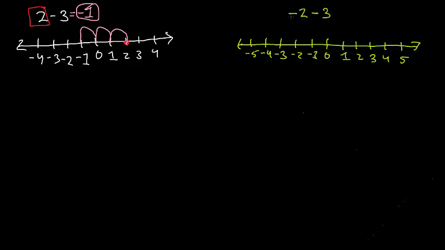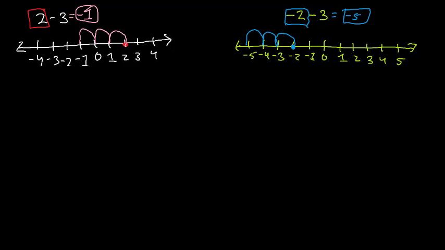First, it has a negative 2 that we're going to start with, so we're going to find negative 2 on the number line. We found the negative 2, so we're going to start right here. That means to go back 3, so we go 3 back. 1, 2, 3. And we land on -5. That is going to be our answer. So our answer is -5.